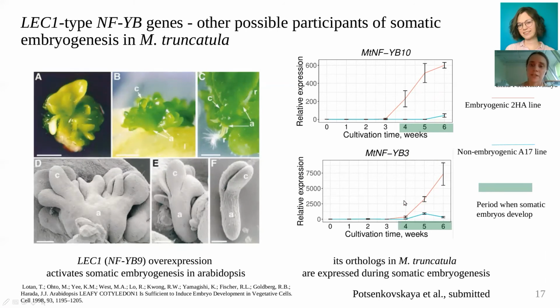So you can see here, from the 4th to 6th week of cultivation, somatic embryos start to appear in the calli of the embryogenic line 2HA, and only at these stages, and only in the embryogenic line, the expression of B10 and B3 is elevated.